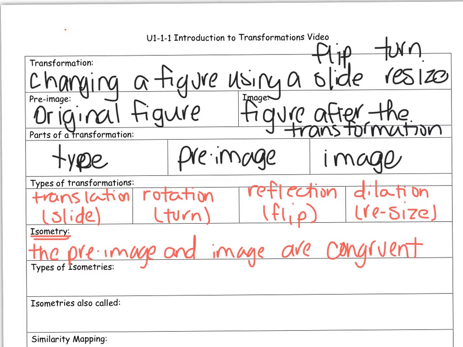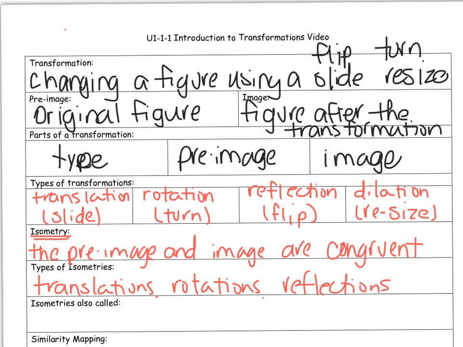Types of isometries are among the 4 types of transformations above. So these 3, translations, rotations, and reflections, will give you isometry. They don't change the size or the shape. They just change the location it is on.